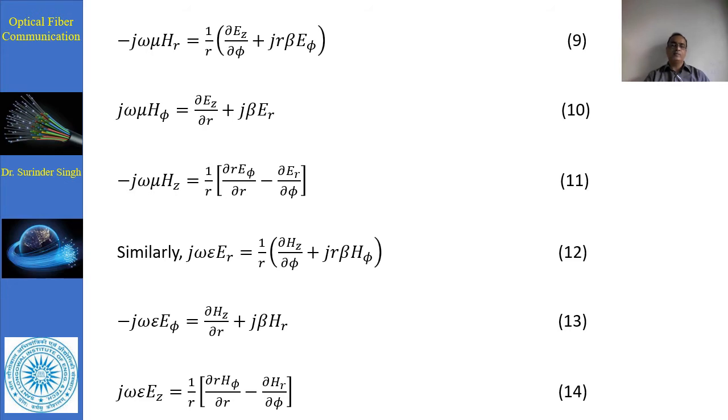Here, previously Hr, H phi, Hz represented the left side, and now Er, E phi, Ez are represented. On the right side, we use the component of E, which is Ez, and E phi accordingly, after solving del cross E as well as del cross H for this propagation.